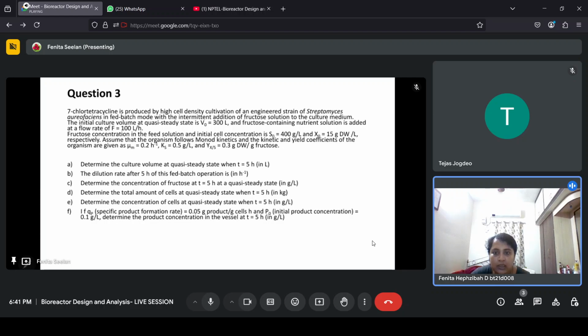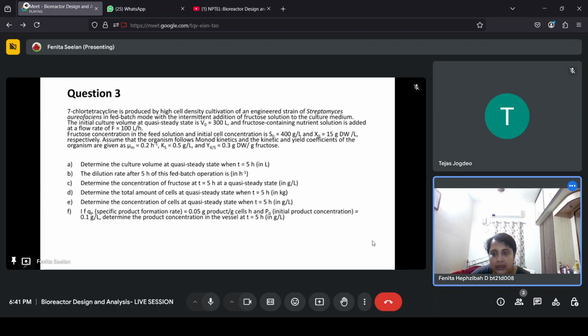D, determine the total amount of cells at quasi-steady state when time is 5 hours. E, determine the concentration of cells at quasi-steady state when time is equal to 5 hours. You have to carefully see whether it is the total amount of cells, and in the E question, it is the concentration of cells in terms of gram per liter.